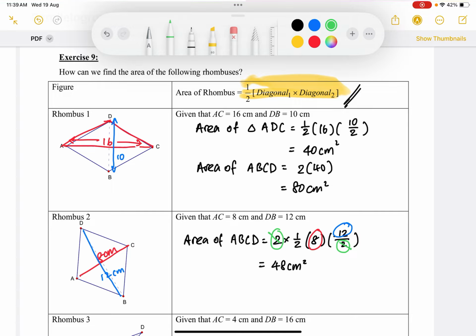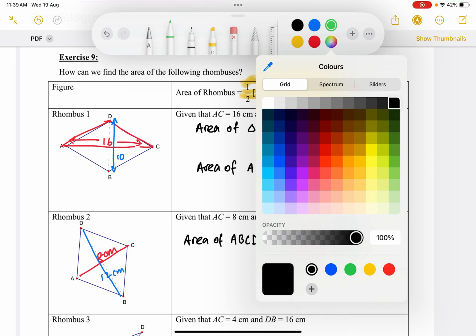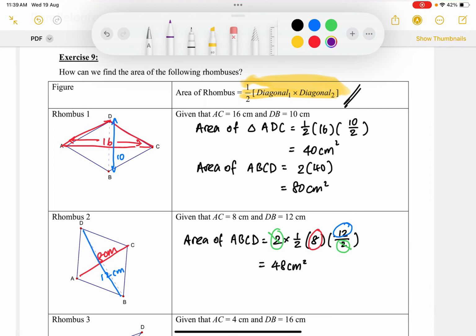That leaves us with, running out of colors to choose, let's go with purple, this portion, half. This is our diagonal. Let's call it the first diagonal. And this is our diagonal number 2. And that's where the formula comes from.